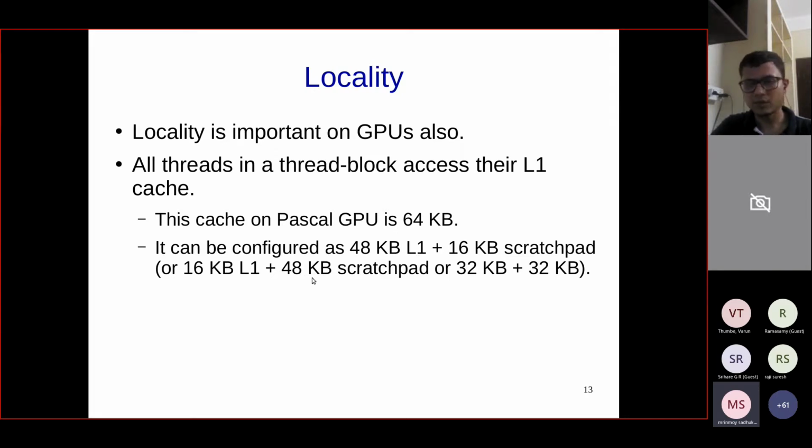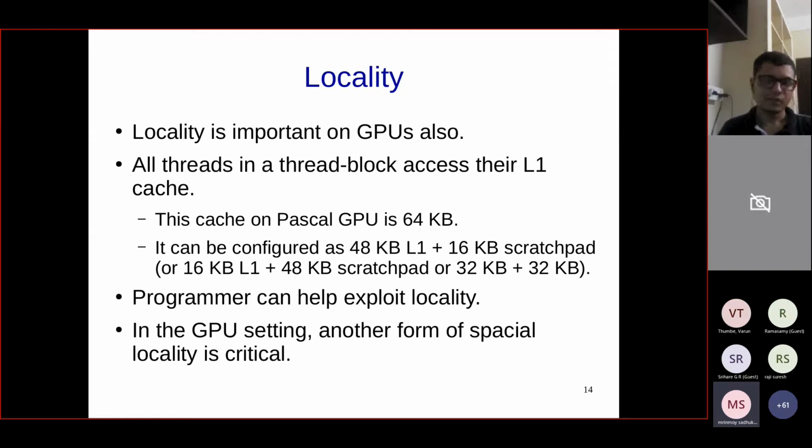It can be either 16 and 48, 48 and 16, or 32 and 32 for scratchpad and L1 cache. So that's the part for the L1 cache. Typically as a programmer we should exploit this locality, because let's say you have a very large array, and there is a small portion of that array which is being accessed repeatedly by your application.